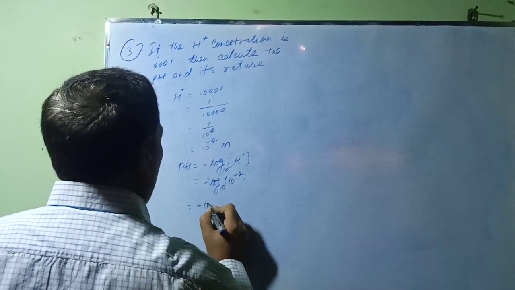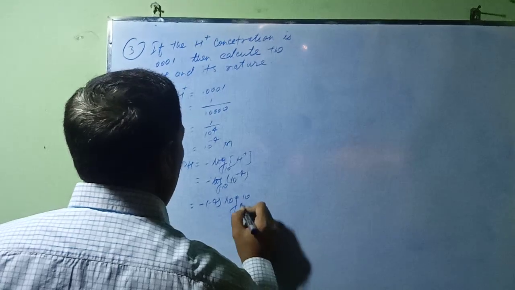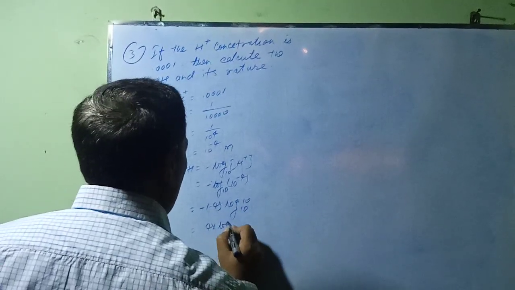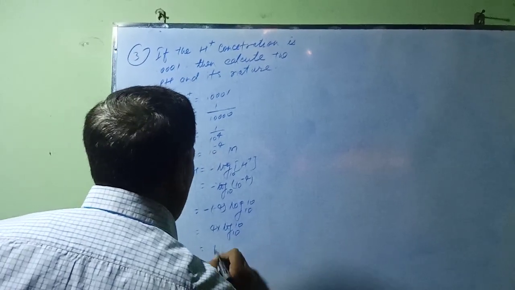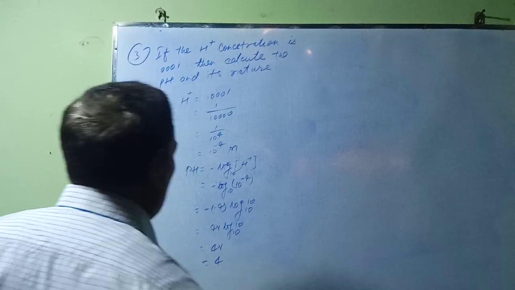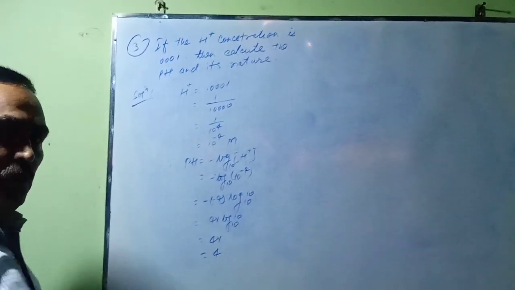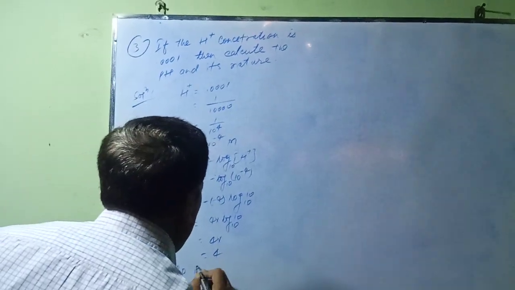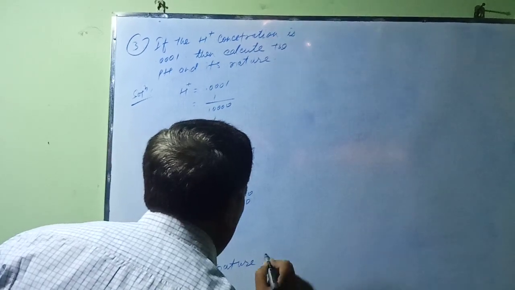Calculate minus minus 4 log 10 base 10, that is 4, the value of log 10 base 10 is equal to 1. So the pH of this solution is 4, less than 7. So its nature is acidic.